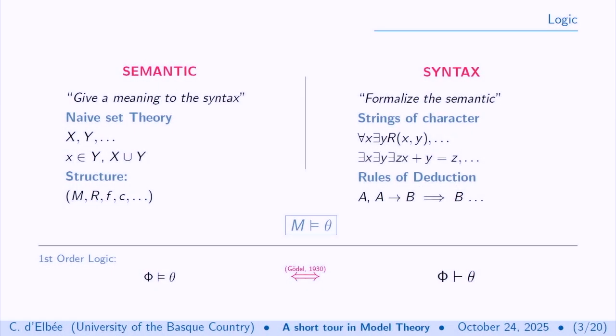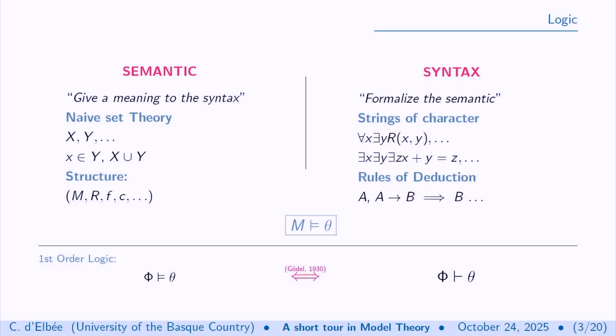From this naive set theory, the intuitive notion of sets and elements, you can construct what we call mathematical structures. A mathematical structure is given by a set and maybe some relations, some functions on this set, and some constants, specific elements that we specify. That is what I call the semantic side.